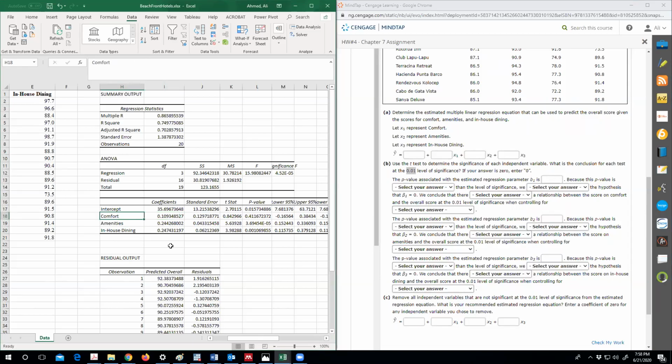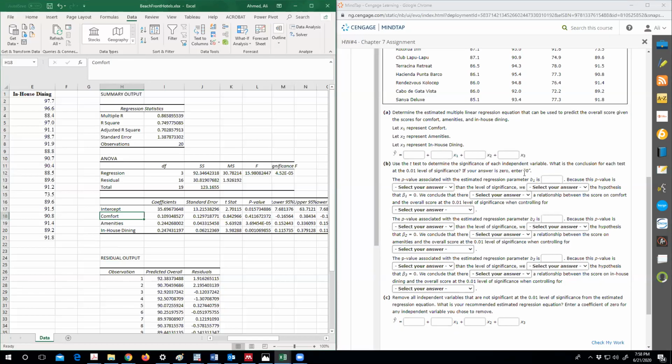So we are asking, is there an effect of comfort on the overall score? The way to test this is to see the p-value. The p-value is estimated with the estimated regression parameter B1. So B1 is actually this one, comfort.